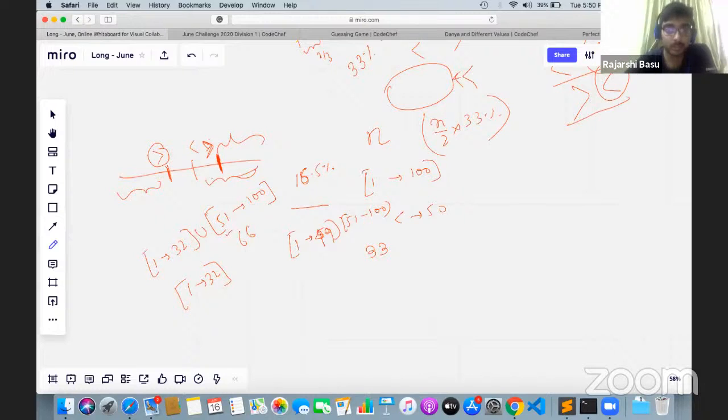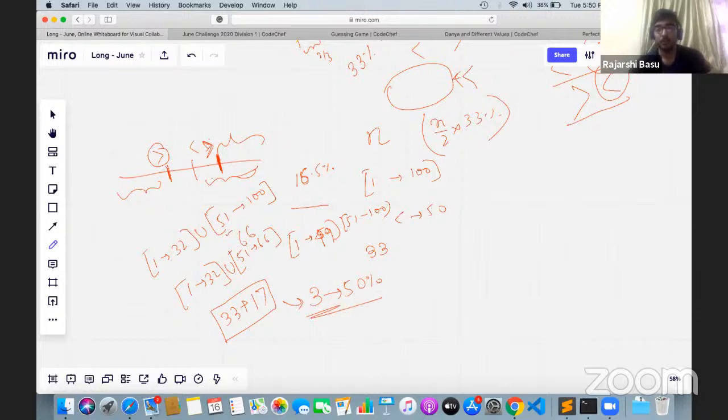So then your leftover part is 51 to 66. So how many queries have you used till now? 3. How much portion have you removed till now? 33 plus around 17. So you have removed around 50% using 3 queries. So per query you remove around 16.6%, right?